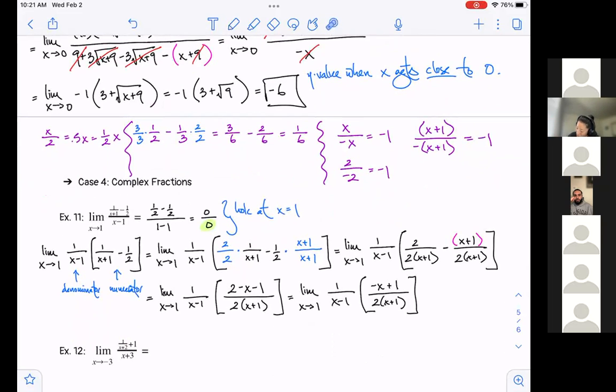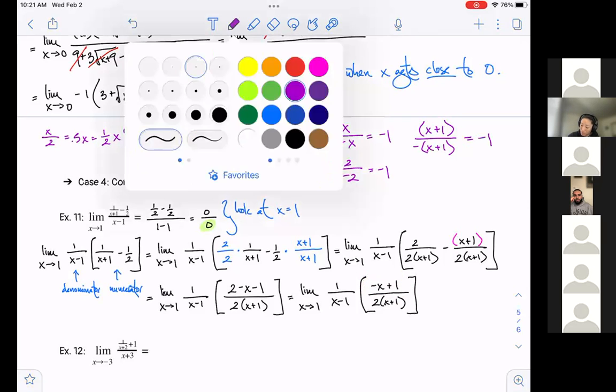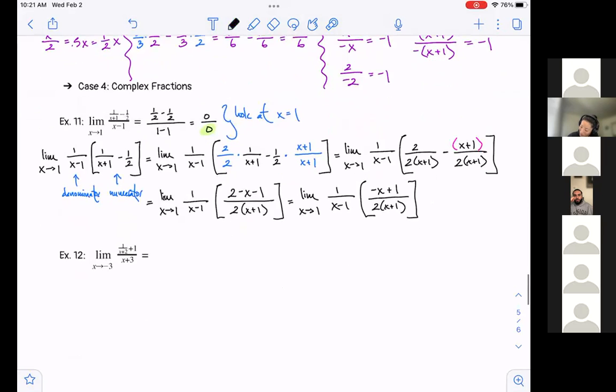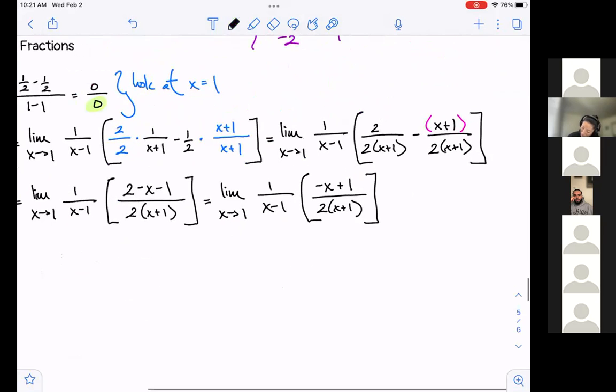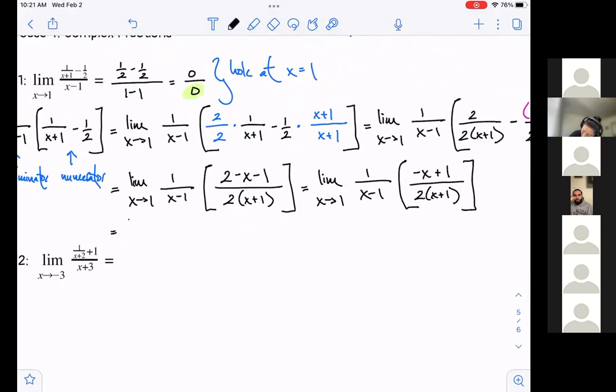Let's take a look at this term right now, negative x plus 1. If I factor a negative out of that, someone tell me what we're left with.